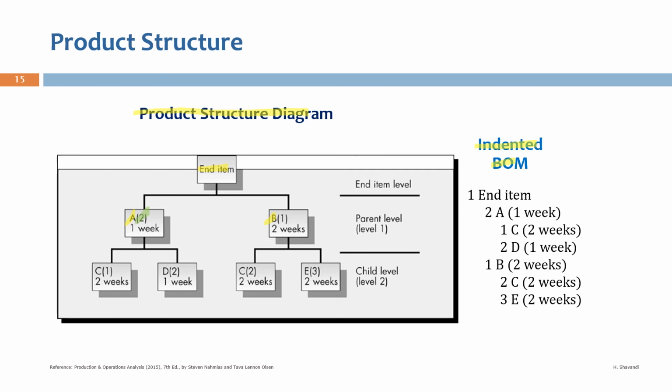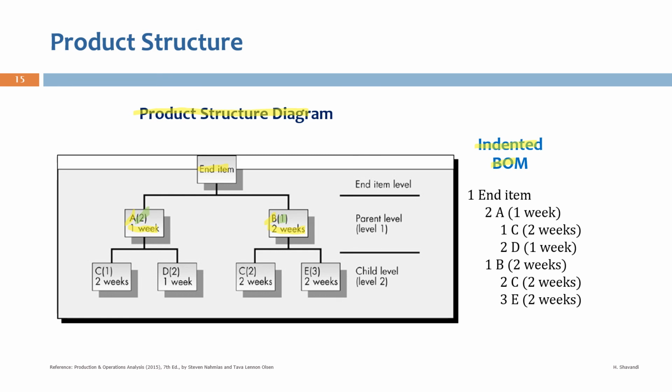So we need two sub-assemblies of A and one sub-assembly of B in order to produce one unit of the end item. And these are the lead times. So 1 week and 2 weeks will be the lead time of producing one unit of these parts.